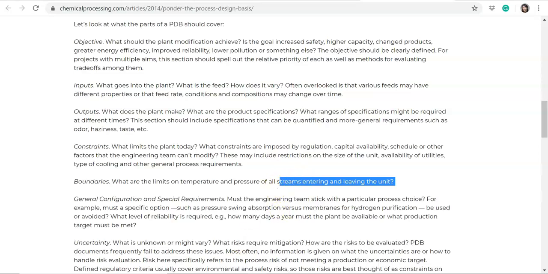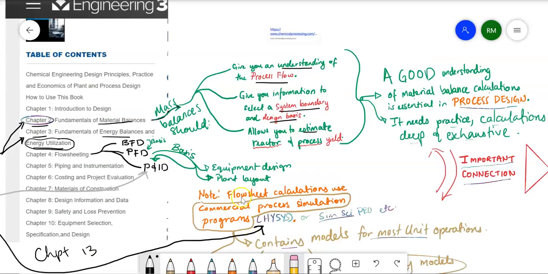Okay, so going back to our presentation. System boundary and design basis, clear hopefully. Next, it allows you to estimate reactor and process yield. The ability to estimate reactor and process yield is very important.